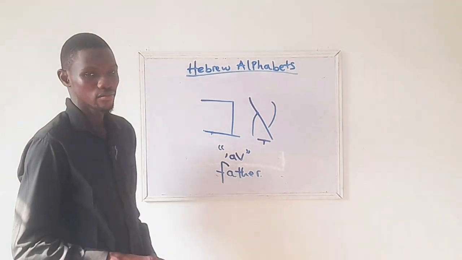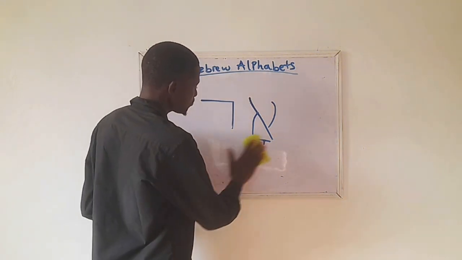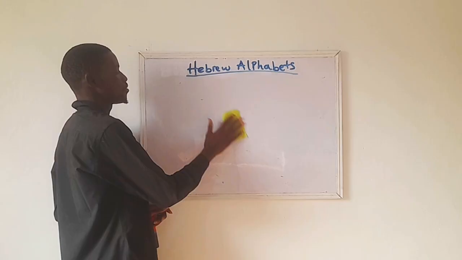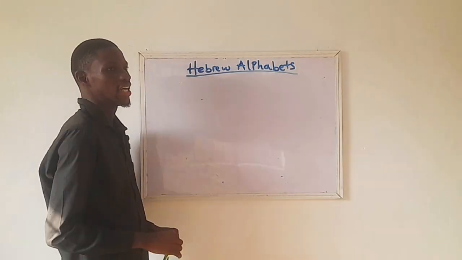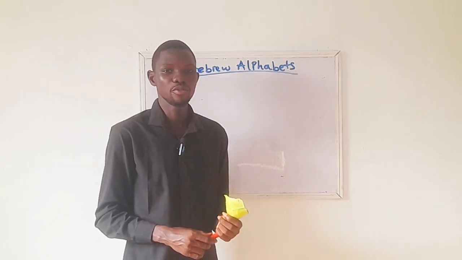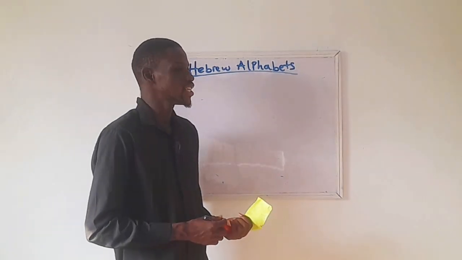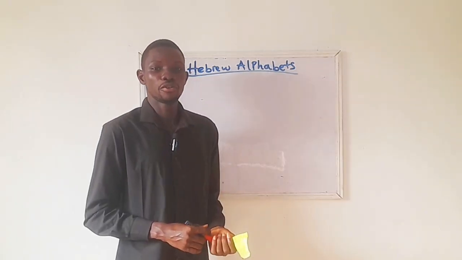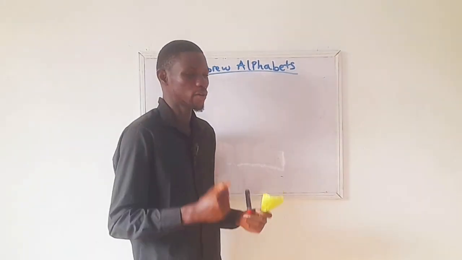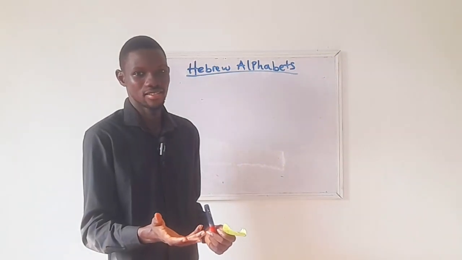Can you see that? Father. Now let me quickly say this before we go on with the alphabet. Maybe you have read your Bible, or you have searched online, and you have heard people say that the word for father in Hebrew is Abba. Now, I will explain. Abba is more like daddy.